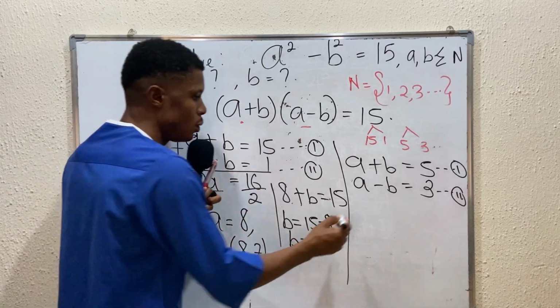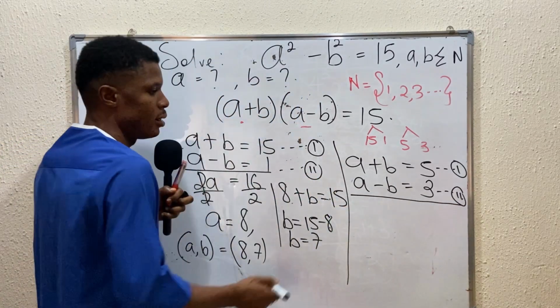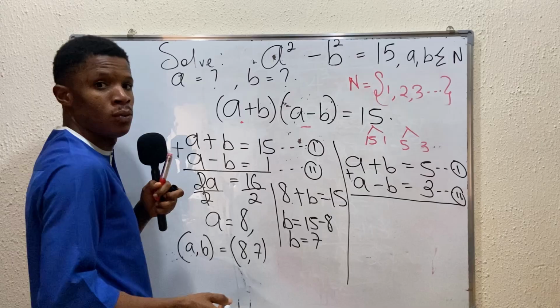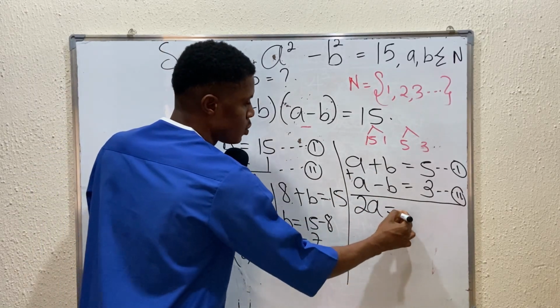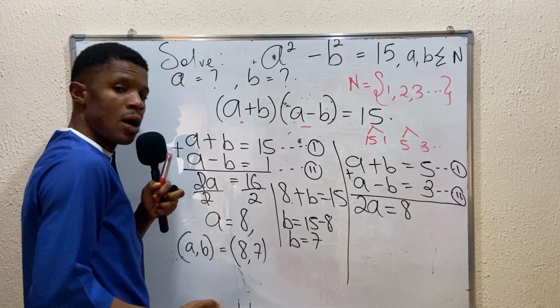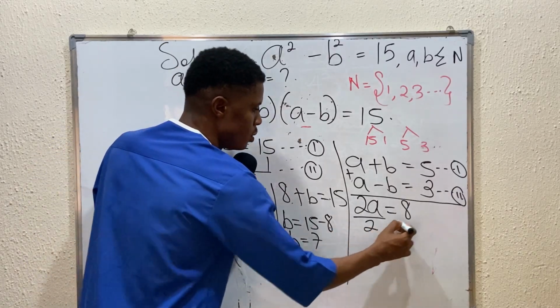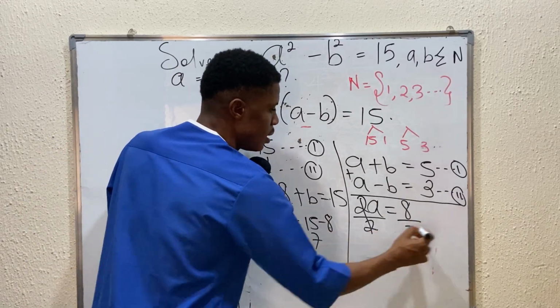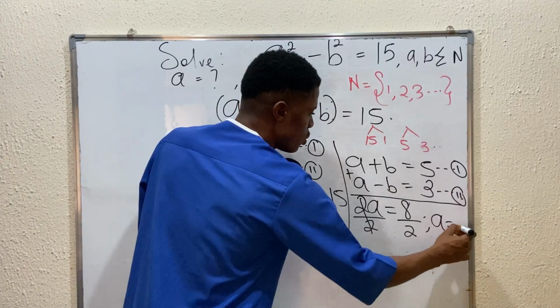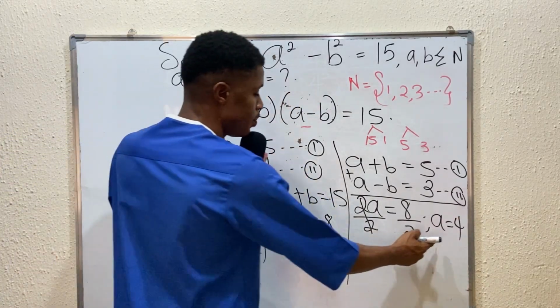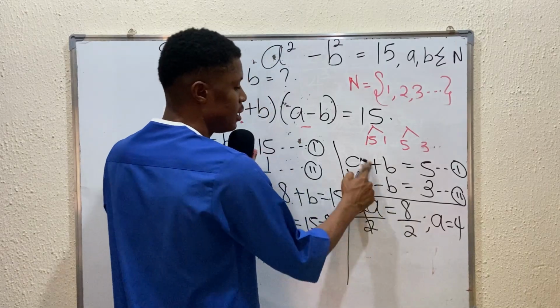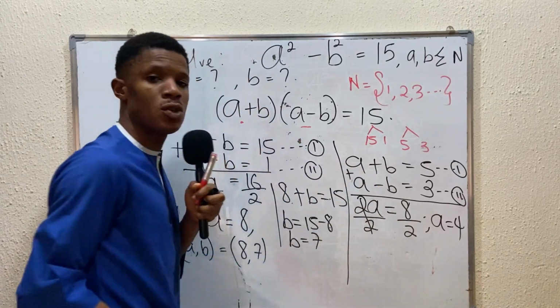We have to add the equations again. If you add equation 1 and equation 2 to eliminate b, we have 2a equal to 8. To get a, divide through by 2, and a is equal to 4. Since a is equal to 4, we put back the value of a in equation 1.